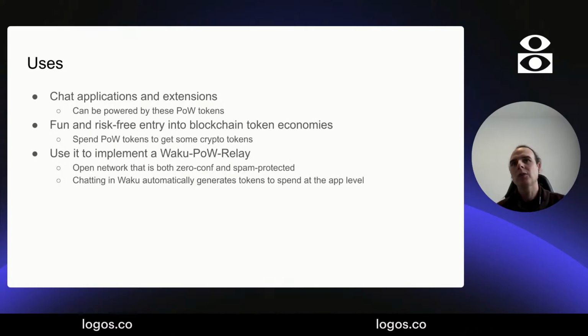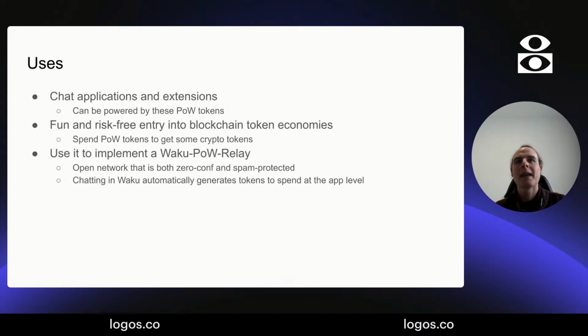And the more sophisticated version of this idea is to instead of implementing this purely at the chat application layer, push this down and implement this at the relay level. So you could create a Waku POW relay that would have the spam protection in the Waku cluster be based on whether the messages are protected by these stamps.